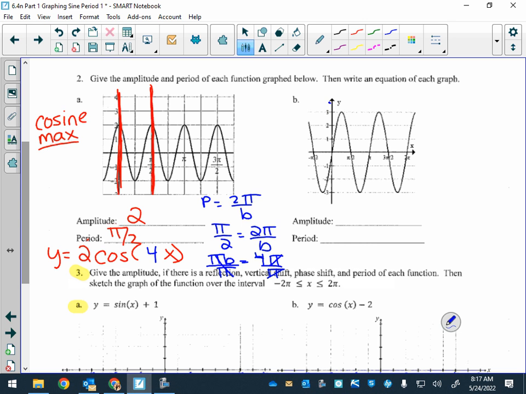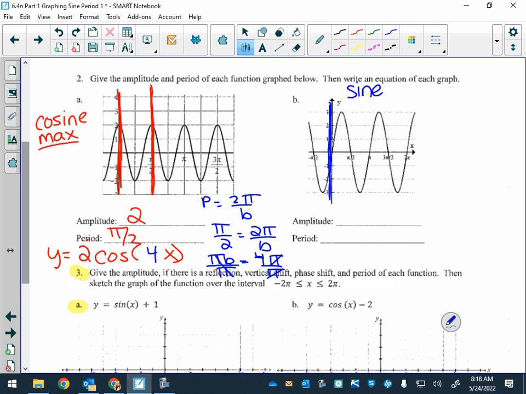Start from the y-axis. What function do I have? Two people know what function I have. Okay. Camilla? Sine. Why did we choose sine? Good. So we have our sine function, because we're starting not at the highest point, we're starting at our midline.